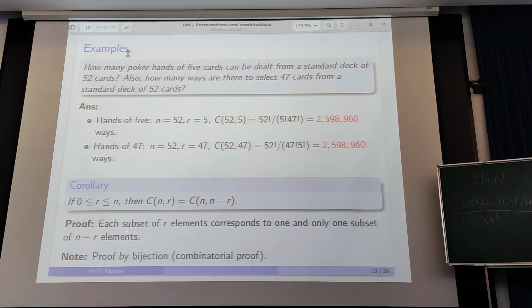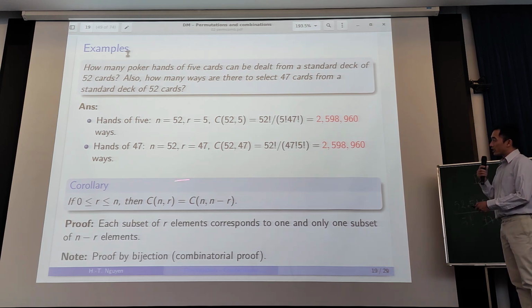So here, if we make the correspondence between each set of size R and its complement of size N minus R, then we have a one-to-one correspondence between the R-combinations and the N minus R combinations.